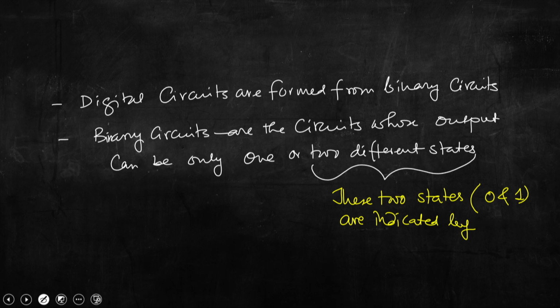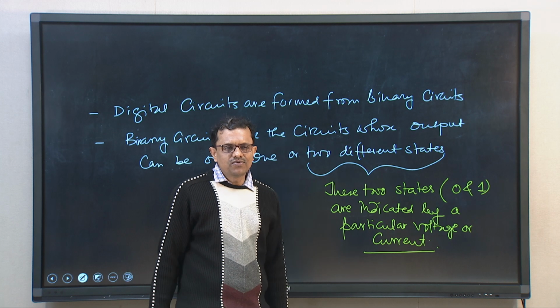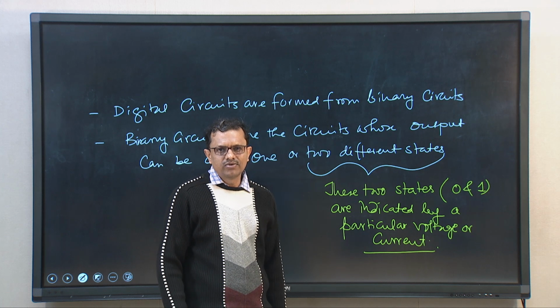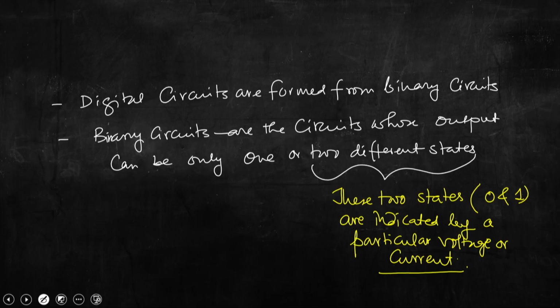These two states are indicated by a particular voltage or current. That is what we know. As I said, you have studied all this in your undergraduate basic electronics course, but now let us write a few points of this particular circuit.